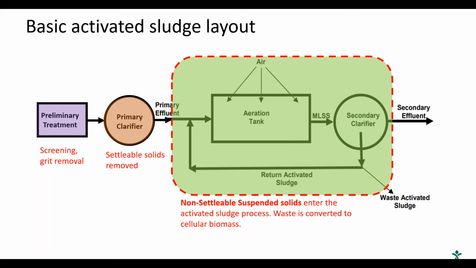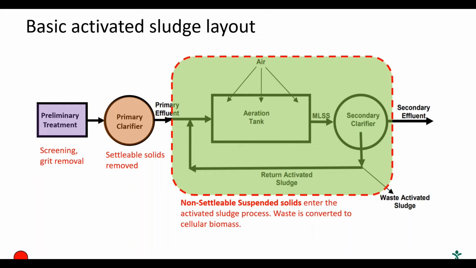And these non-settleable solids consist of waste that would be hazardous to the environment. It would be a problem if they were in the environment. So something has to happen. We're going to bring this waste, this BOD, into contact with microorganisms in this process, which will consume the waste and convert it to cellular biomass.